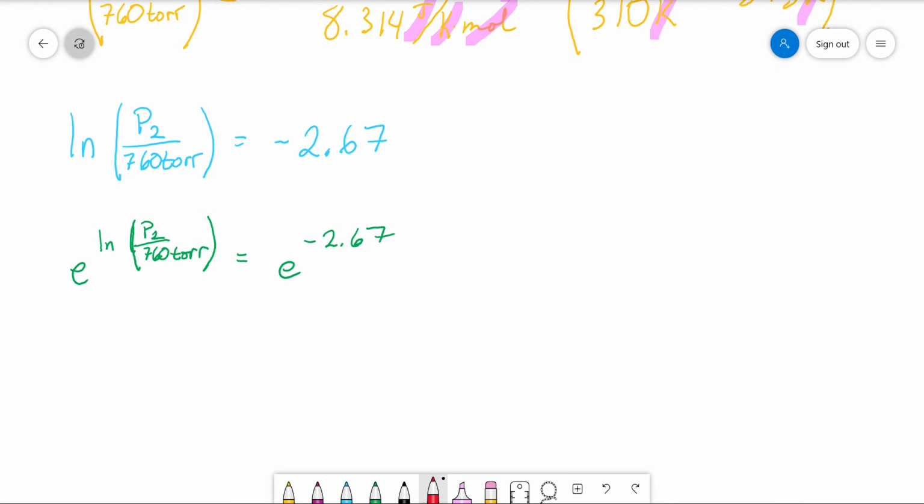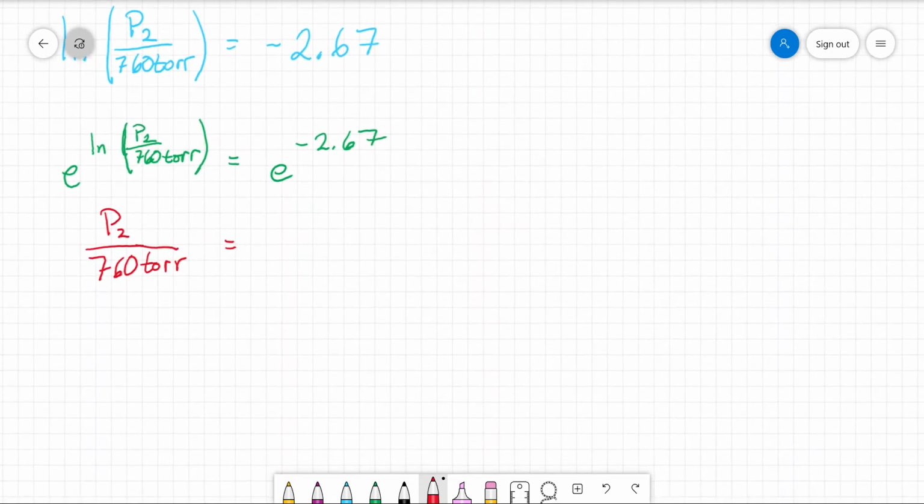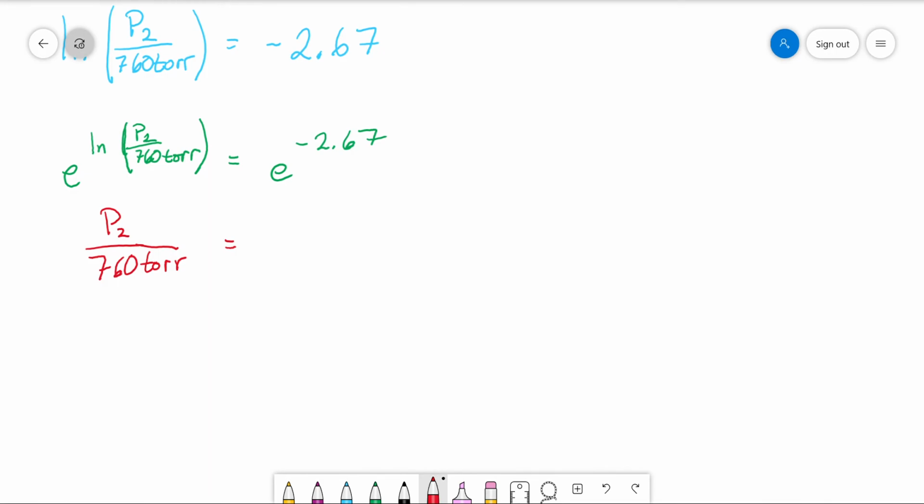Okay, that makes the ln go away. So we have P2 over 760 torr, and just type that into your calculator. Remember, e is a number. It's like 2.7 something. And we get 0.06925.